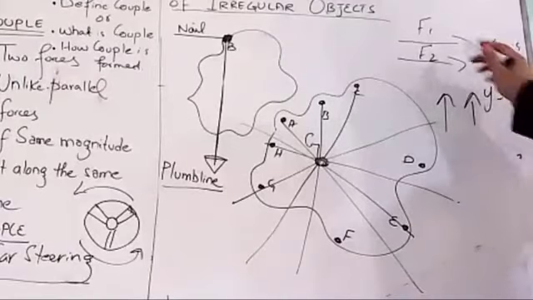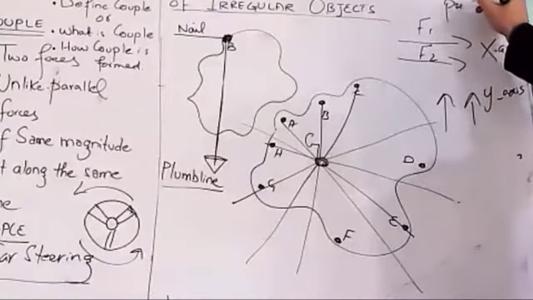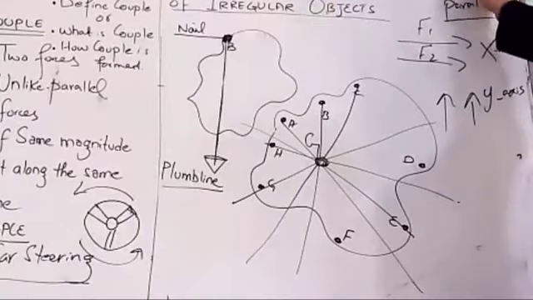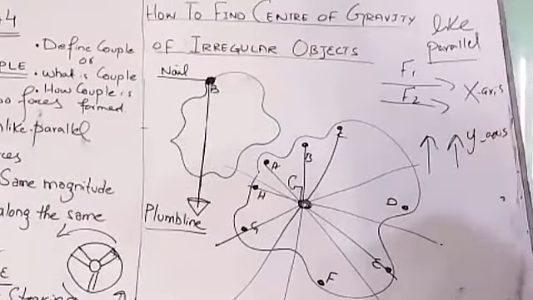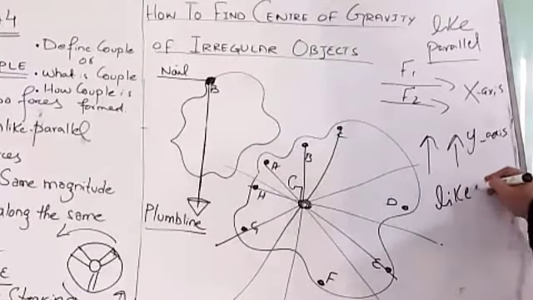What is the direction of both? You will see they are acting towards the right side. So which forces are they? Like parallel. They are like parallel. They are also like parallel.